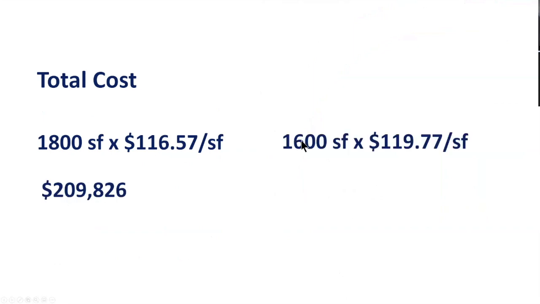The smaller house at 119.77 has a total cost of $192,000. Notice we don't have to include the basement, the garage, the fireplace, the deck, anything else. We're only talking about the GLA here. So we can see that there's a difference in total cost between the smaller house and the larger house.